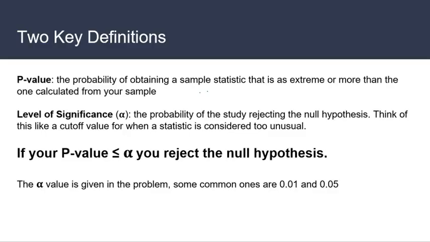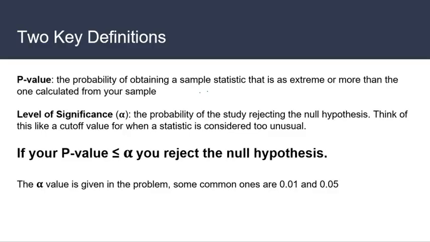So we kind of estimated this the day we did our experiment with the dot plot. And we counted how many dots were at 64% or less, and we found the probability of that happening. That is one way to estimate a p-value.